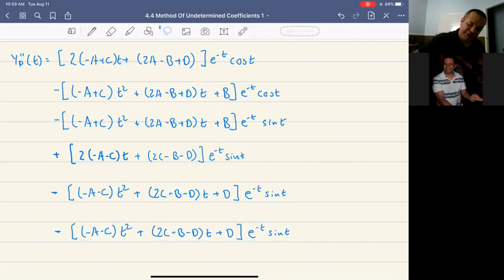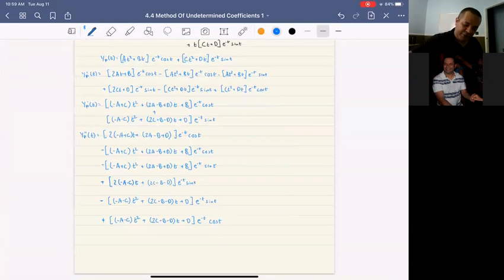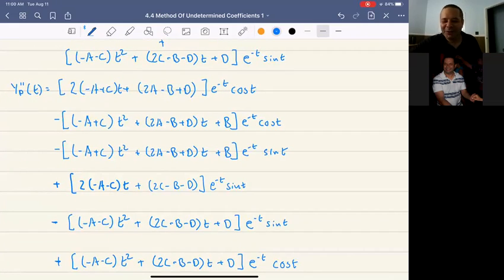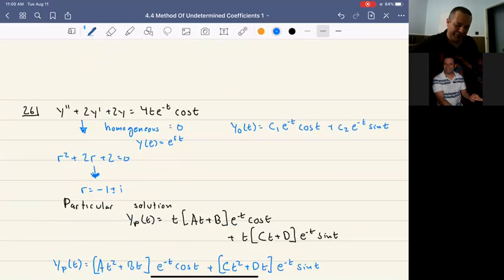Derivative of sine is cosine. And there we have our yp double prime. Oof, what a menace. Okay, now we're going to solve the particular solution.